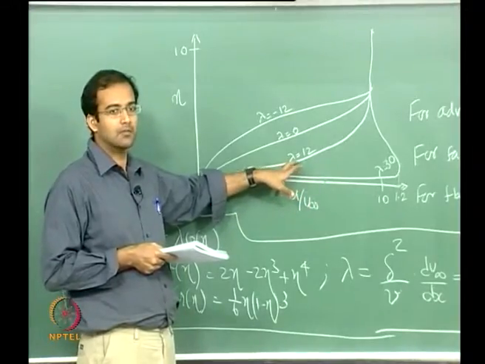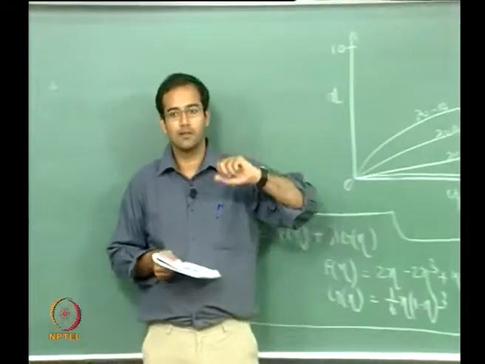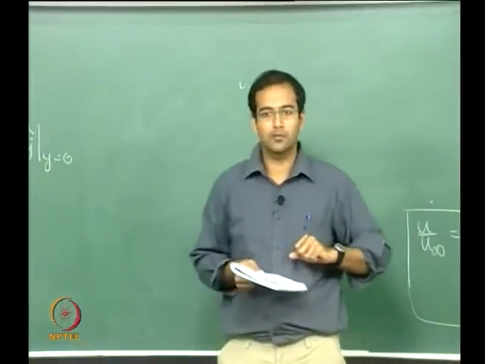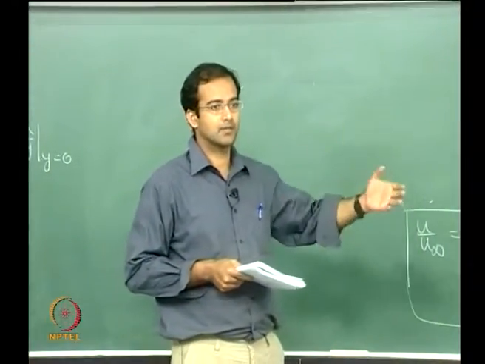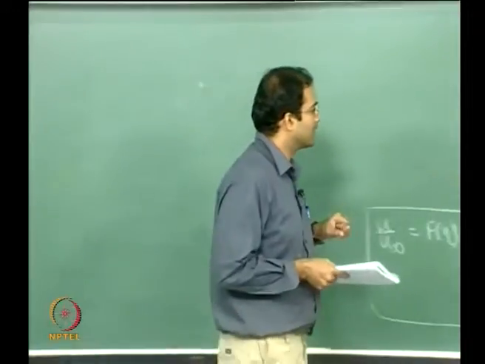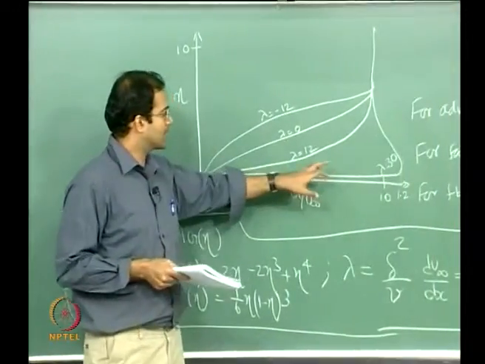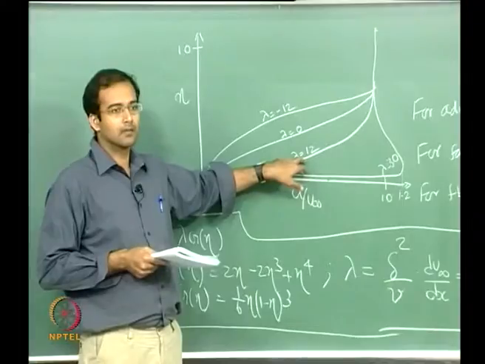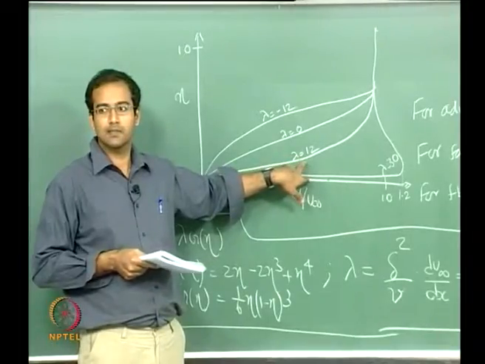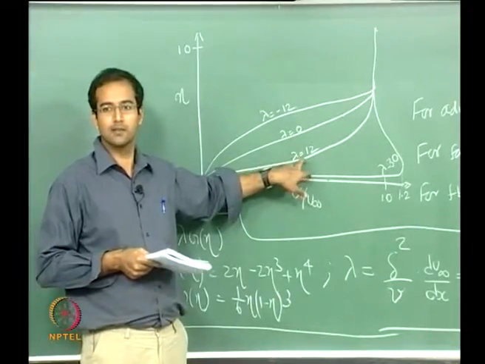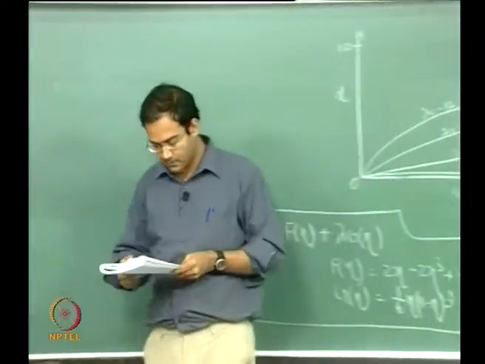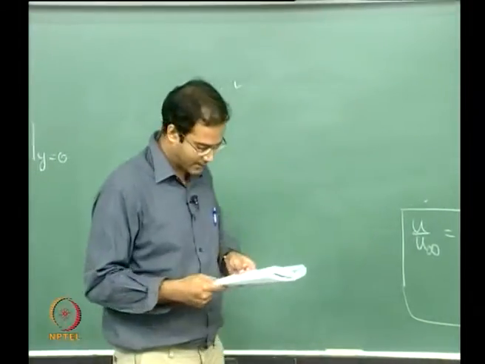So the lambda values that we are usually interested in will range from minus 12 to 12. Okay, minus 12 is the extreme case of separation, and even when you have very favorable pressure gradients, you should not have such large pressure gradients that the profile becomes non-physical. Okay, so this is the condition under which you are doing the solution.